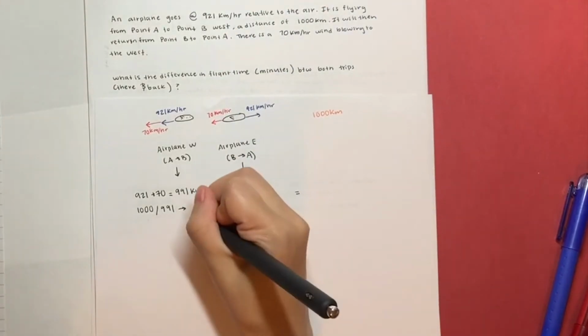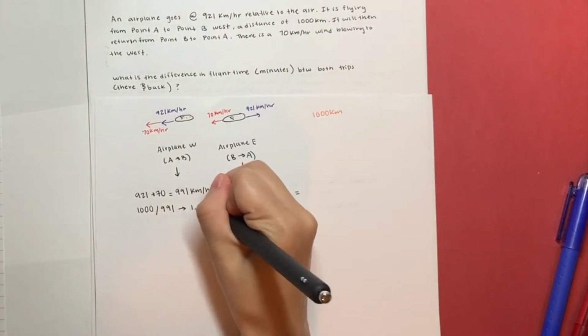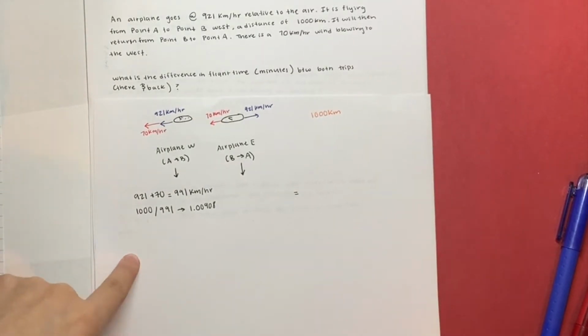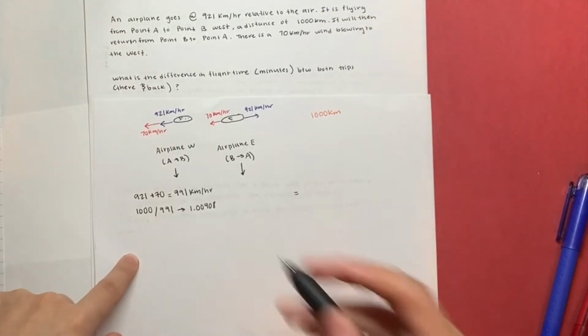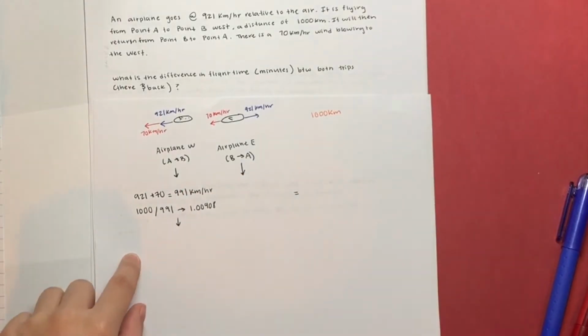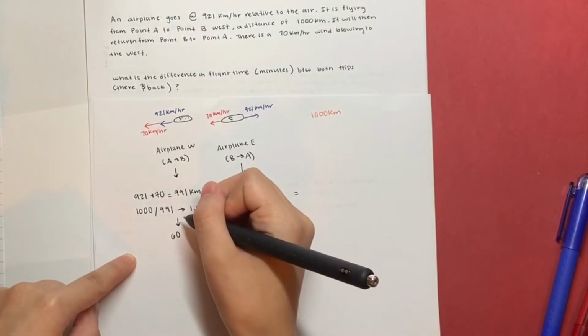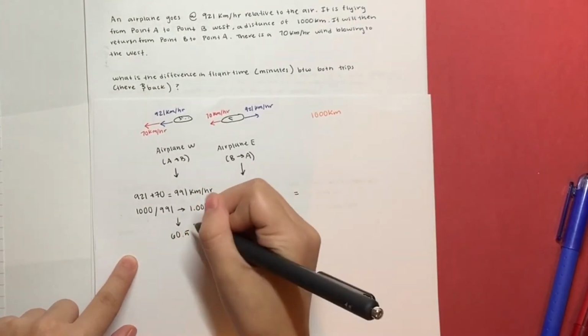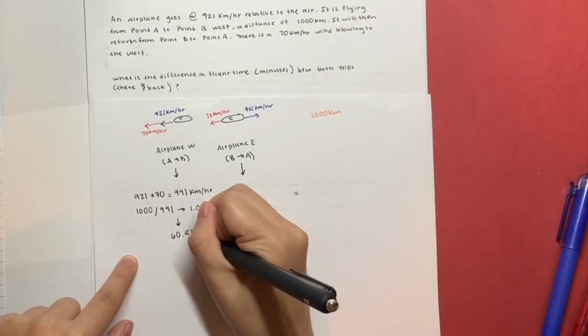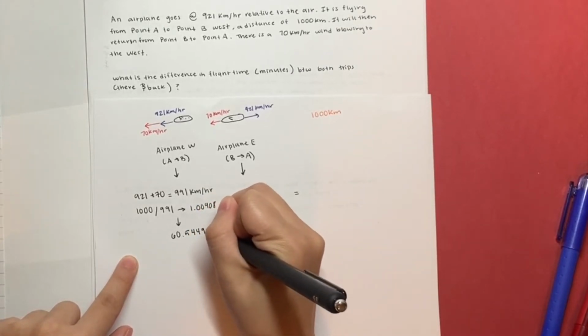That will be 1.00908. I like to keep around 4 to 5 decimal places to make it more accurate. Then you multiply this times 60, since you want to know in minutes. Overall it's going to take you 60.5449 minutes.